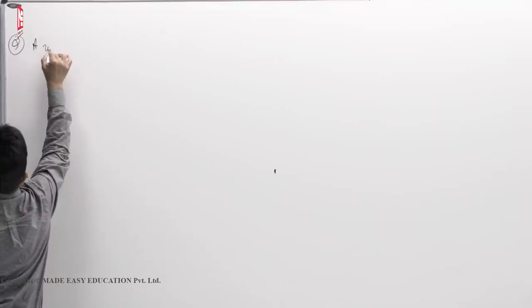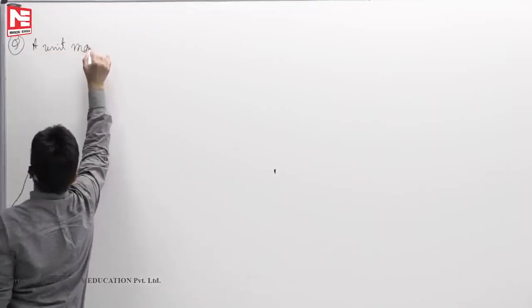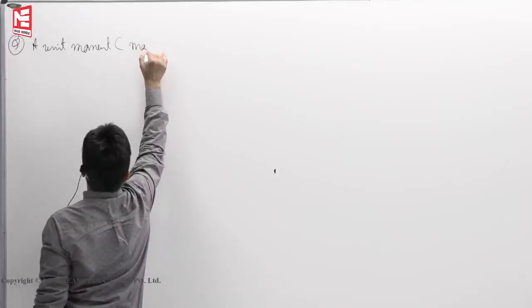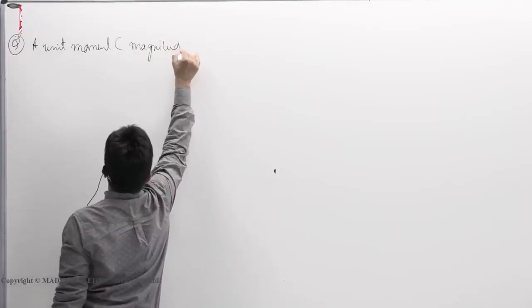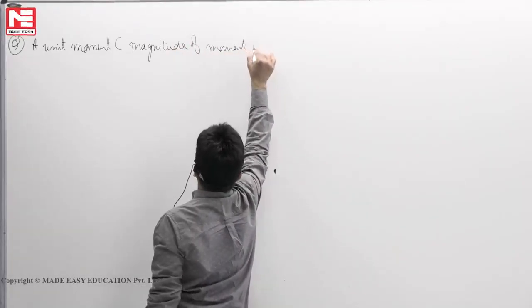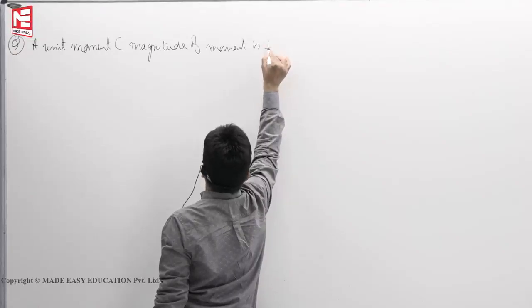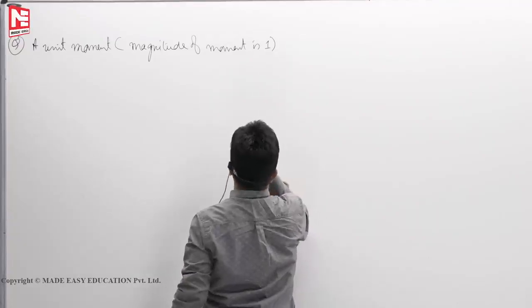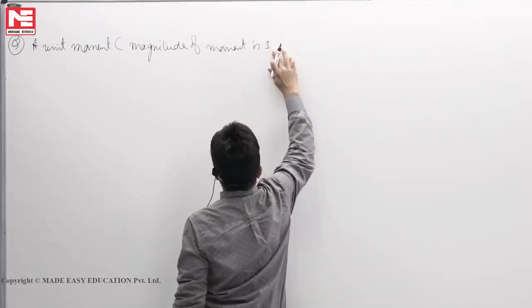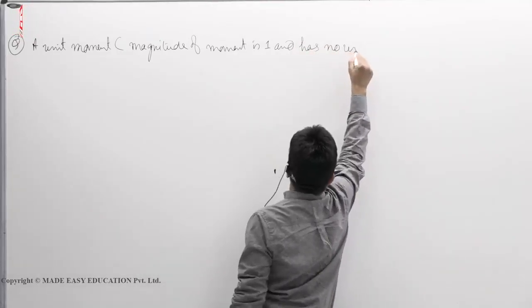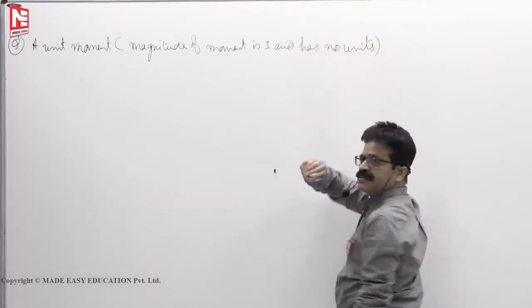Now let us see the question. A unit moment means magnitude of moment is 1. A unit moment, magnitude of moment is 1 and has no units. That's simply 1.